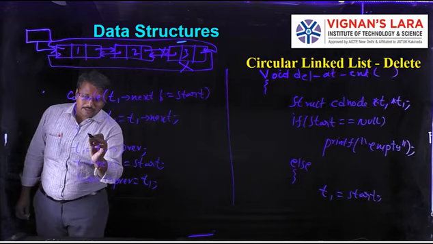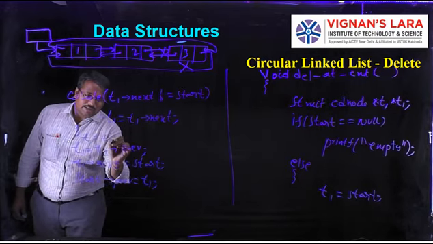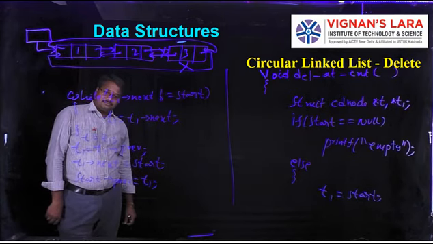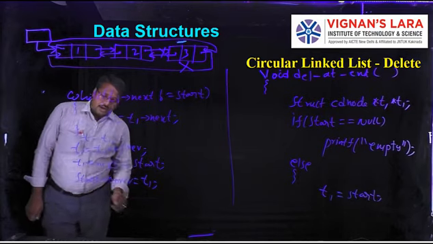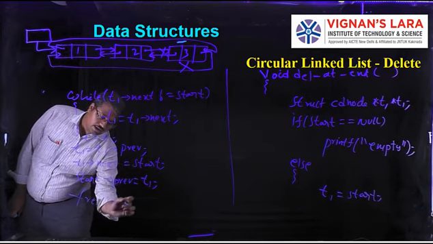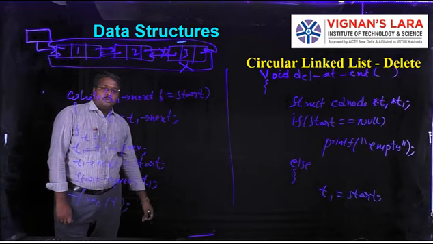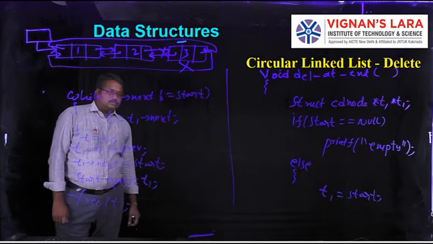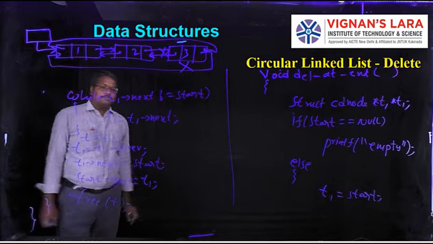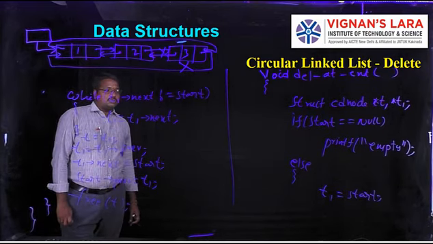So here I am assigning the last node address into T. T is equal to T1. So after that, what I have to do? Simply I am invoking free of T. Then else block is closed, function is closed.